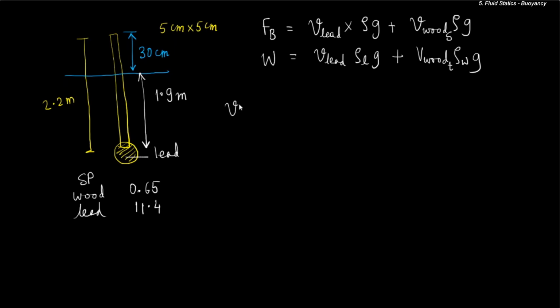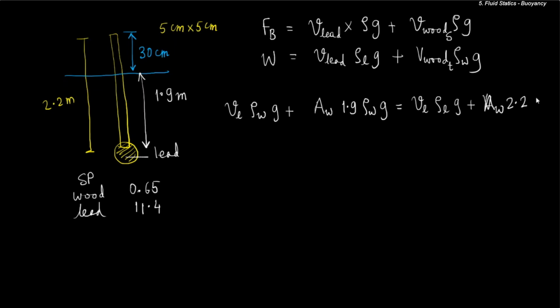It would be the volume of lead multiplied by the density of water times G plus the volume of wood submerged, that is the area of wood multiplied by 1.9 meter times density of water times G, and on the right hand side we will write down the weight of the system, which is the volume of lead times rho of lead times G plus volume of wood total, which is the area of wood multiplied by 2.2 times rho of wood times G. This 2.2 is the total height of the wood.